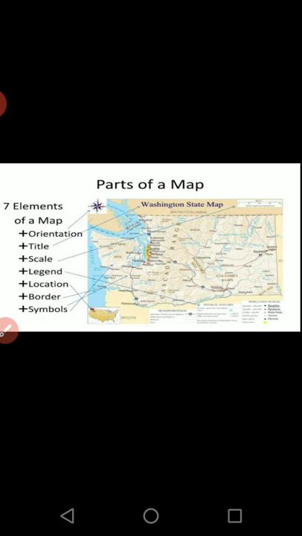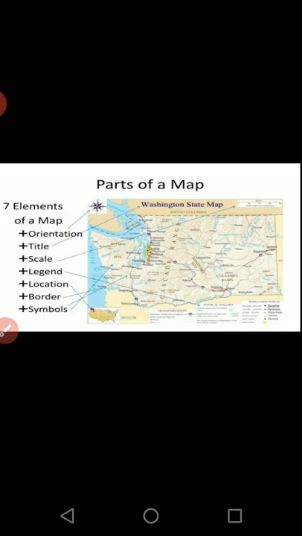If we want to make a very big map, a world map, then we have to use a very small scale. Likewise, like 1 centimeter equals to what, that scale has to be mentioned. Legend means the index, like this line is for what, the triangle is for what.